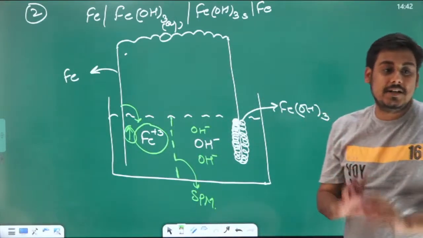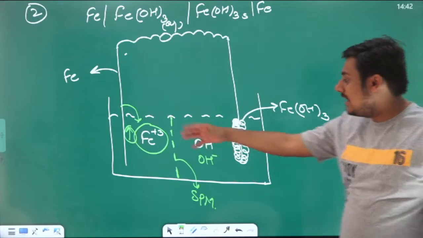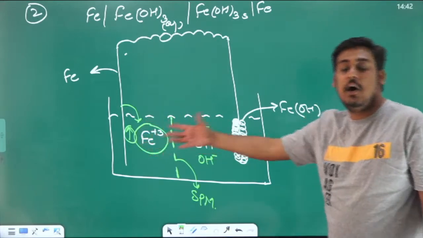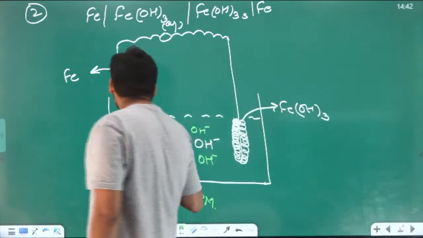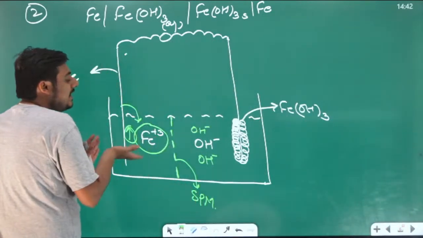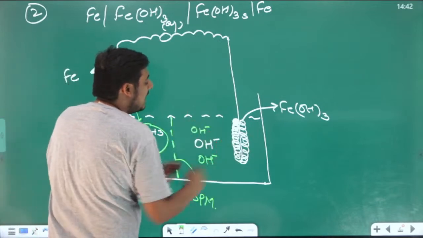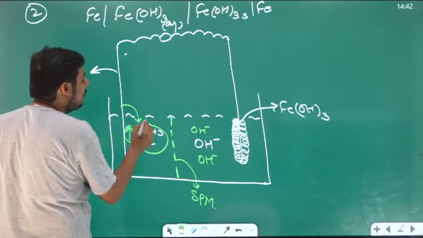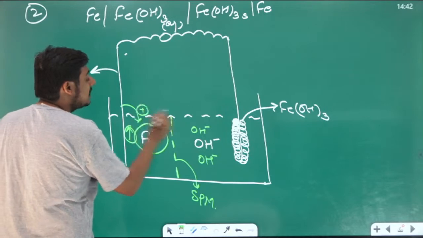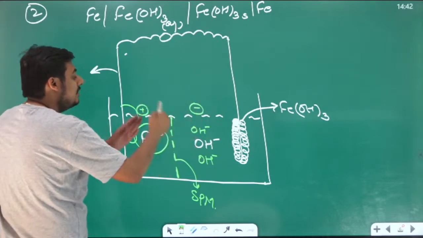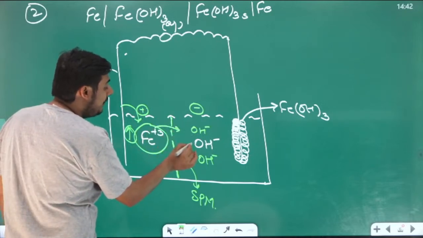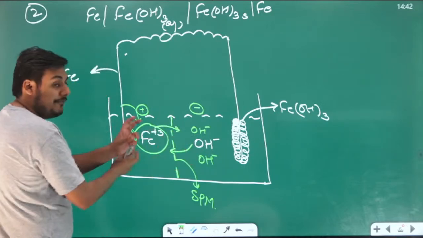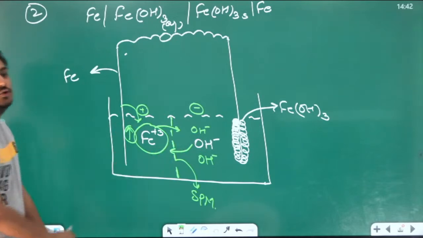There is a detailed explanation of all these phenomena, how ions are formed on the anodic side and on the cathodic side. So as the concentration of Fe3+ on the left side increases and OH negative on the right side increases, there will be generation of positive and negative charge in the same solution which is separated by the SPM, and this SPM will allow diffusion of ions through it so that the solution becomes neutral.